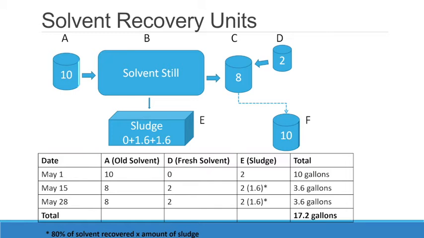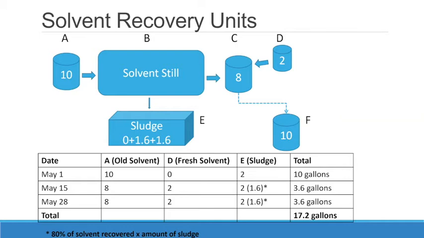The key thing in terms of using solvents and a solvent distillation unit, recovery unit, is that you have two scenarios at which the solvent's going to be collected prior to being recovered in the distillation unit. In this particular example, we're assuming that waste solvent, the dirty solvent, has been sitting there accumulating before we recover it.